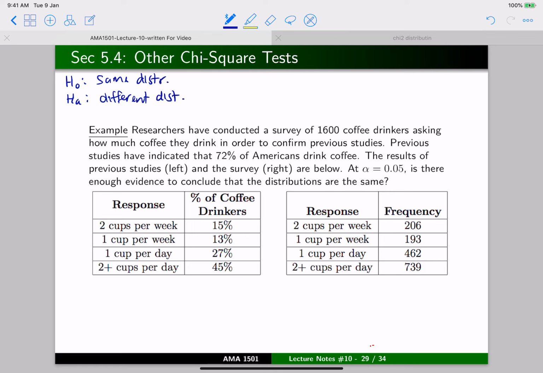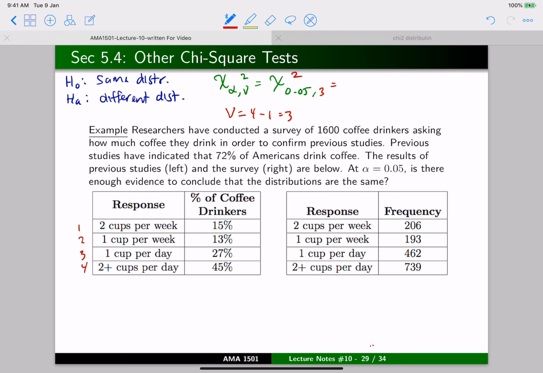Since alpha is equal to 0.05, then the critical region can be determined by, so the degrees of freedom here is the number of cells, so 1, 2, 3, 4, so it's 4 minus 1, so it's actually 3.